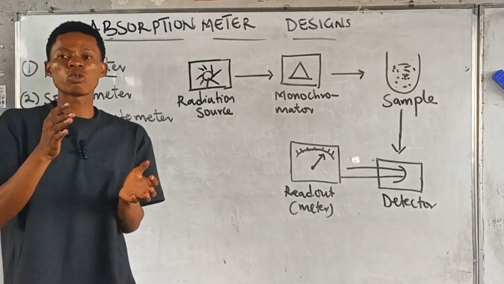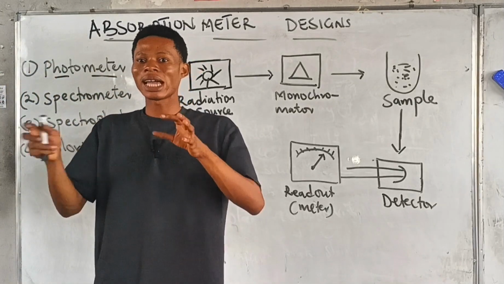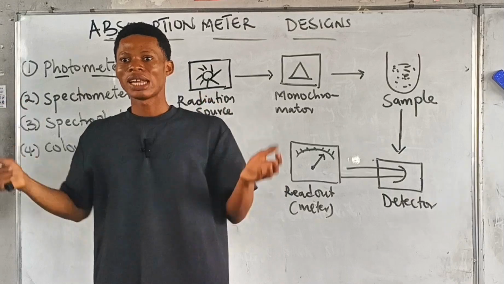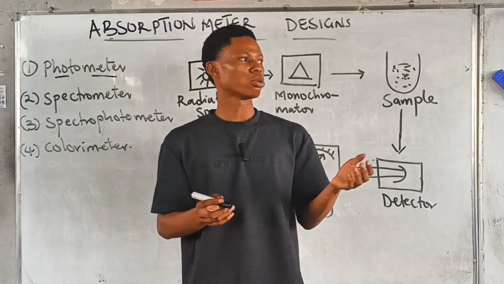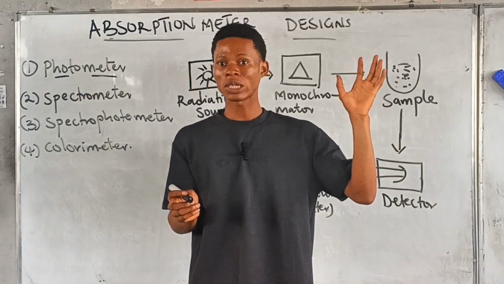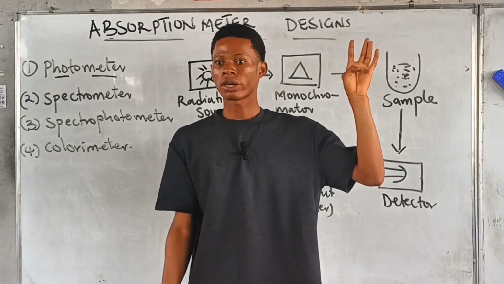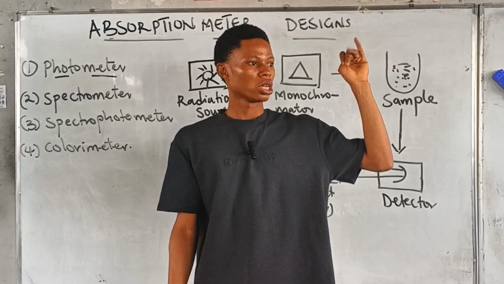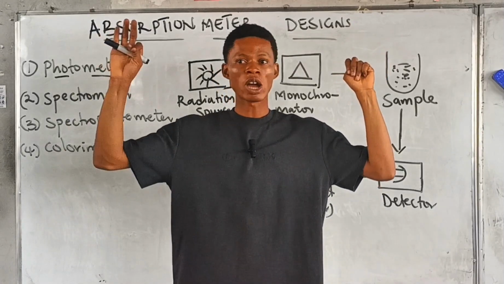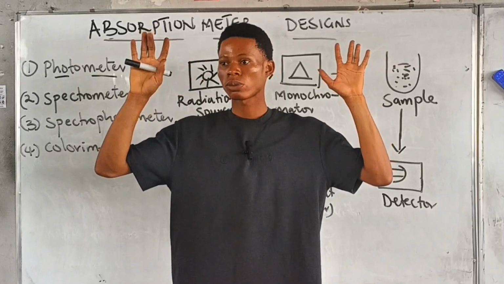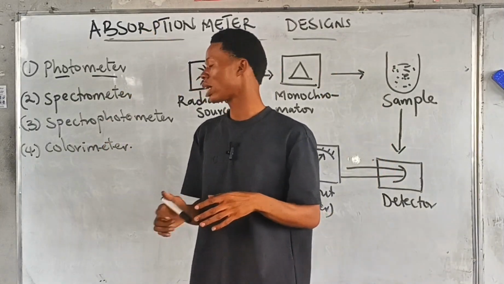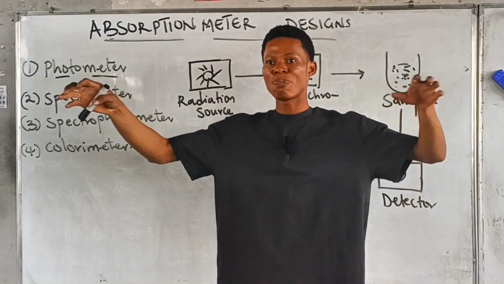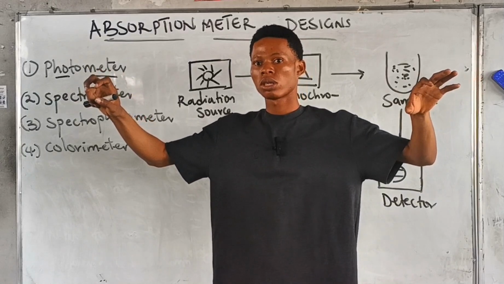The spectrometer has the ability to separate light into its different colors, like a rainbow. We have 7 colors of light: red, orange, yellow, green, blue, indigo, violet. Those are the 7 colors. This spectrometer can separate colors.